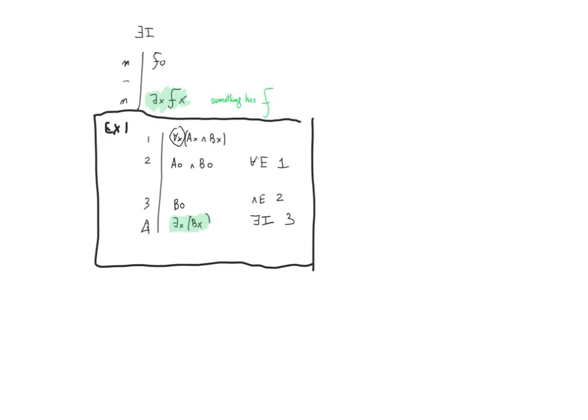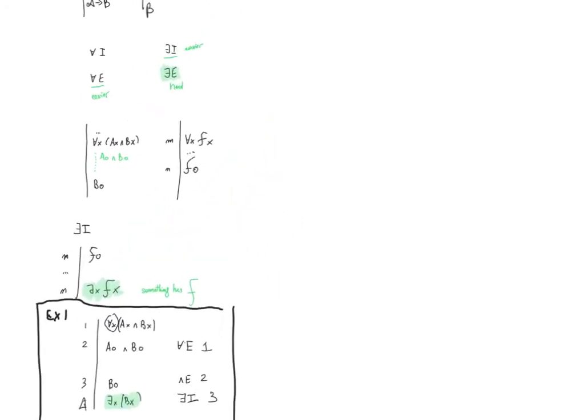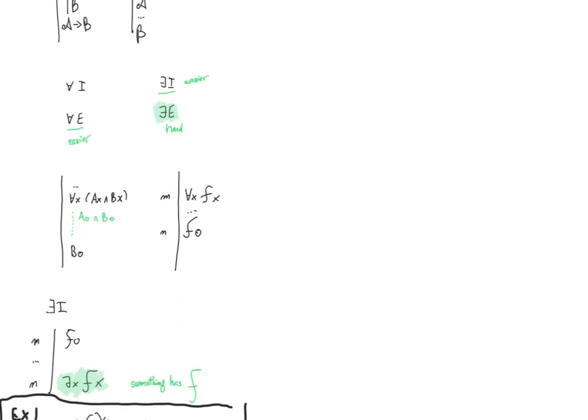Okay, now let's move on and talk about the rule of universal introduction. Here we did a rule of universal elimination. How does the rule for universal introduction work? Here's the idea. Suppose that you have a name that we introduce just for the purpose of establishing something.